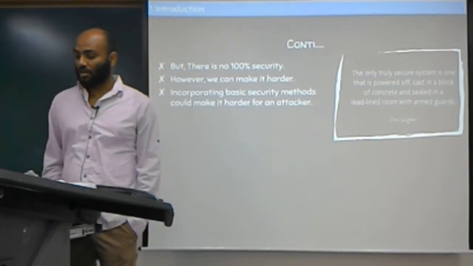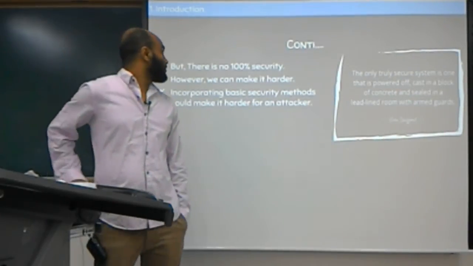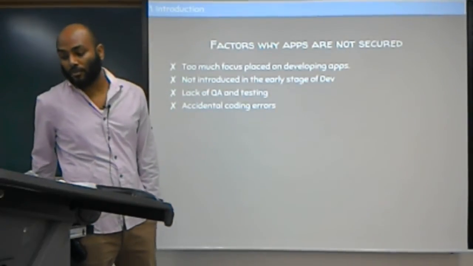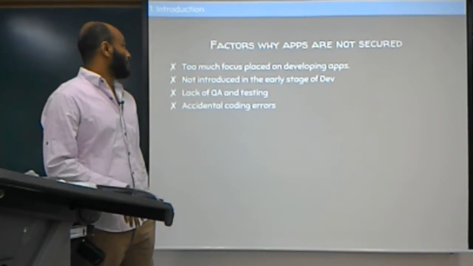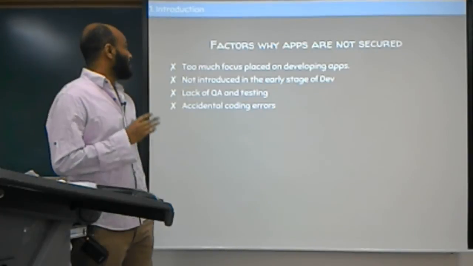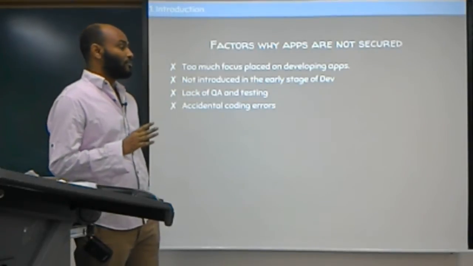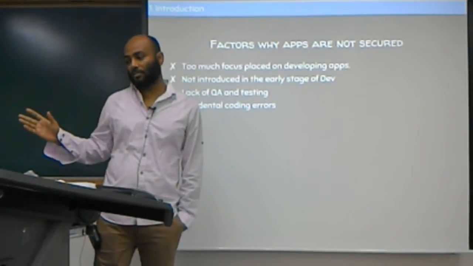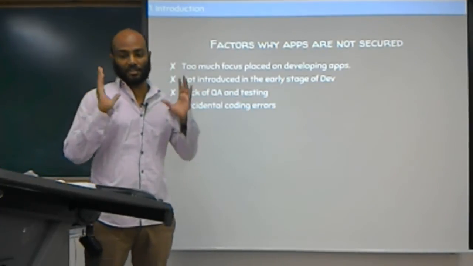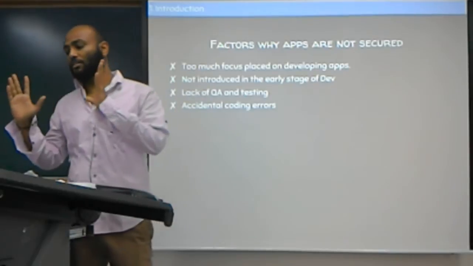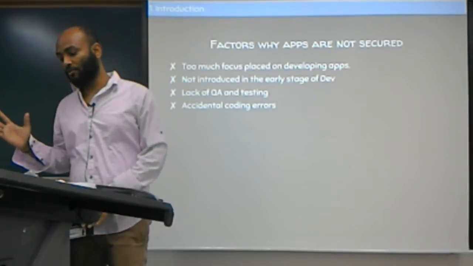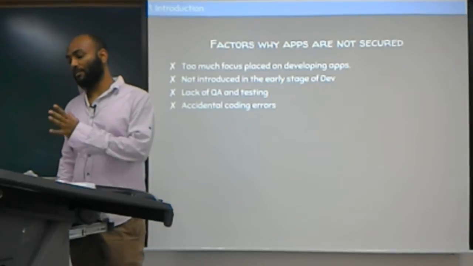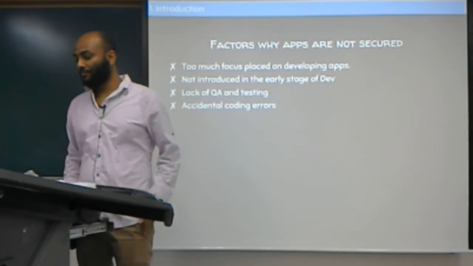Factors why apps are less secure. The first factor is that we might focus on developing apps, not the security part of the applications. We focus on developing and releasing the function or the application to the users, so we focus on the development part, not the security part.